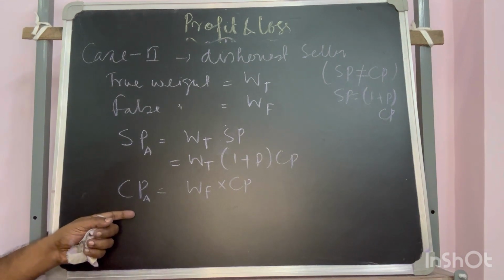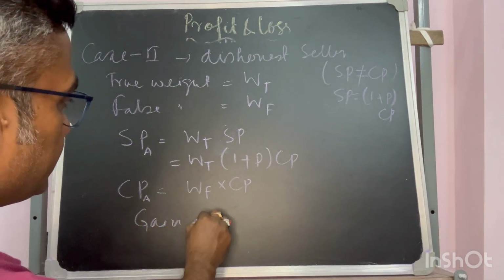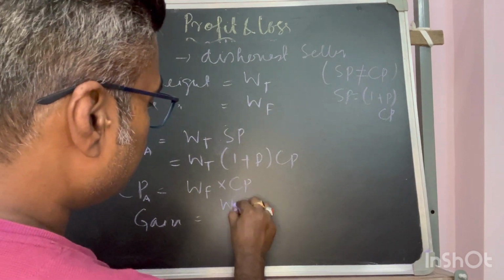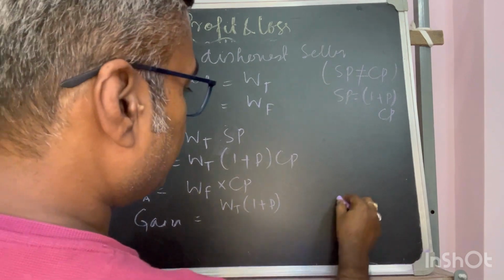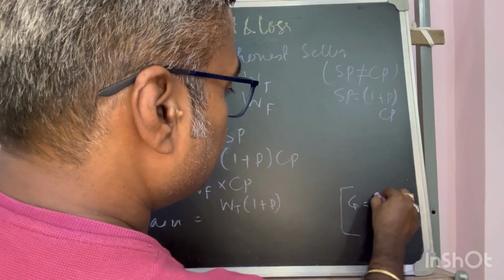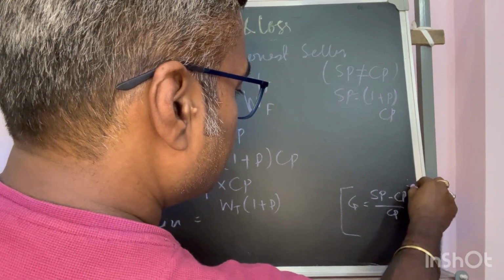So this is the actual cost price, so that gain can be written as what? WT into 1 plus P, means gain formula, you know, gain is equal to SP minus CP divided by CP, isn't it?